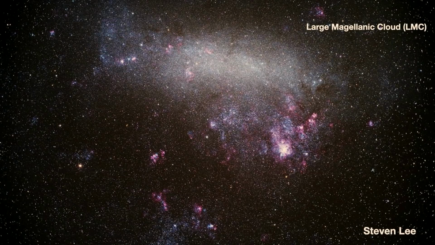And this is the Large Magellanic Cloud. If you sum up together the masses of all the stars in this, you get to something like 10 billion times the mass of our Sun. That's actually only about 1% of the mass of the Milky Way galaxy.